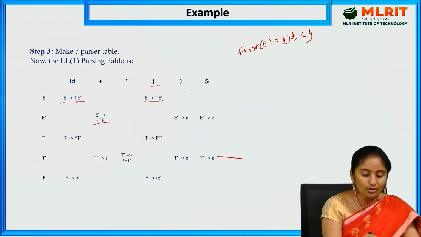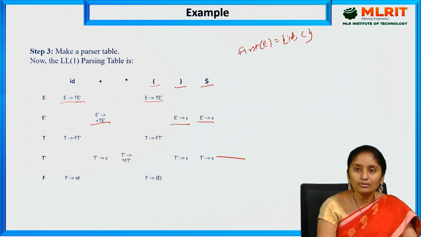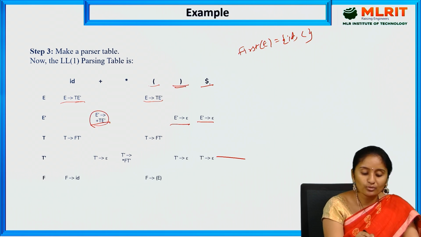In the place of closed bracket and dollar, we write E dash tends to epsilon. I got plus because of the other production, and I got closed bracket and dollar with the help of this epsilon.